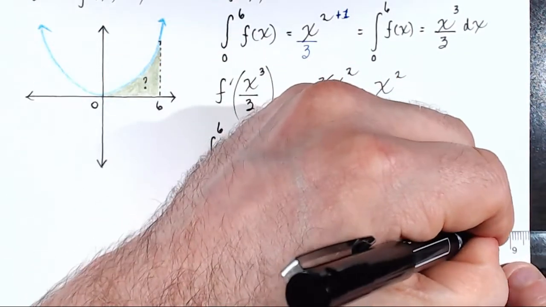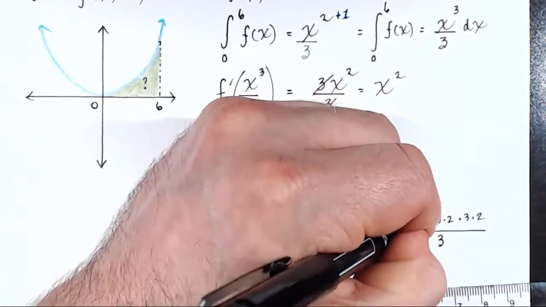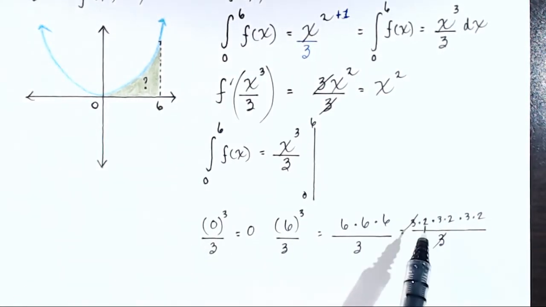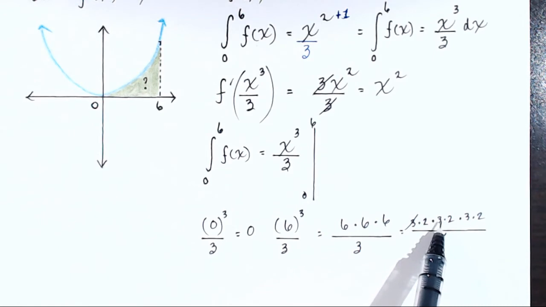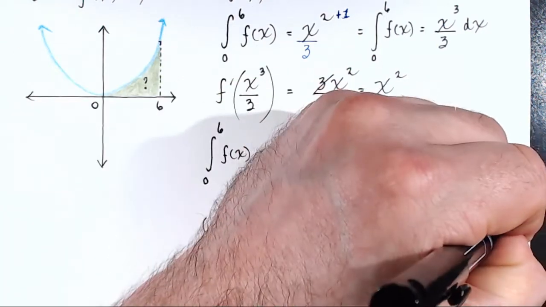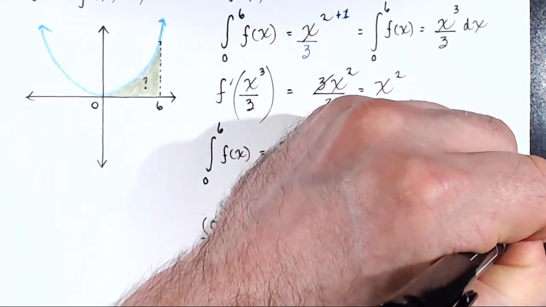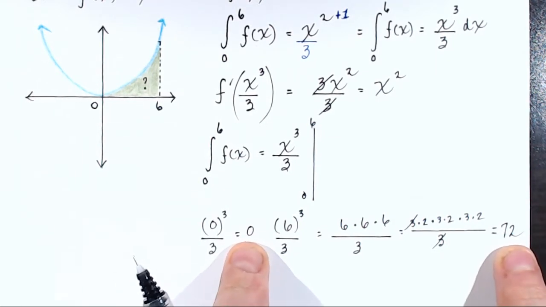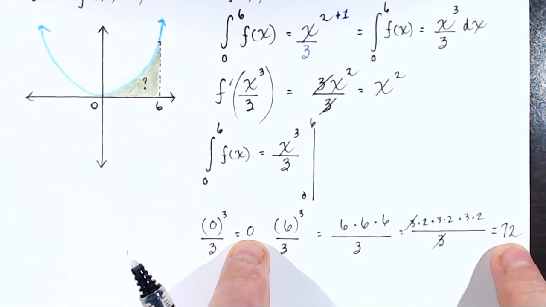And if you put all that over 3, you can cancel out the numerator and denominator, and now you're just left with 2 times 3 is 6, 6 times 2 is 12. 12 times 3 is 36. 36 times 2 is 72. Okay? So now you've evaluated the integral at 0 and at 6.